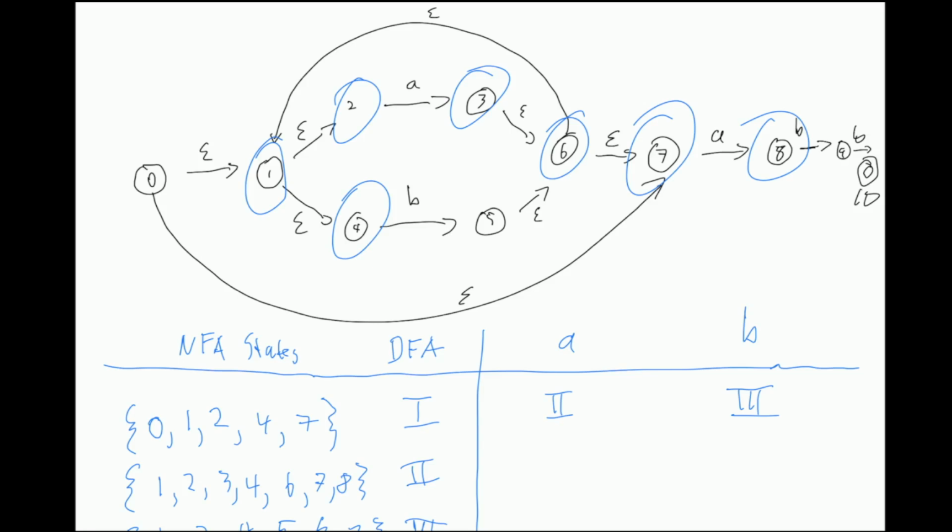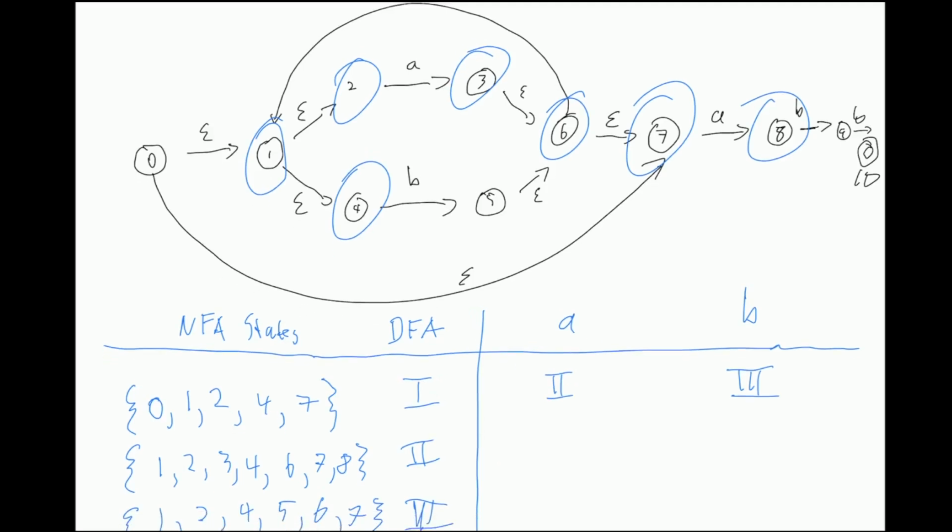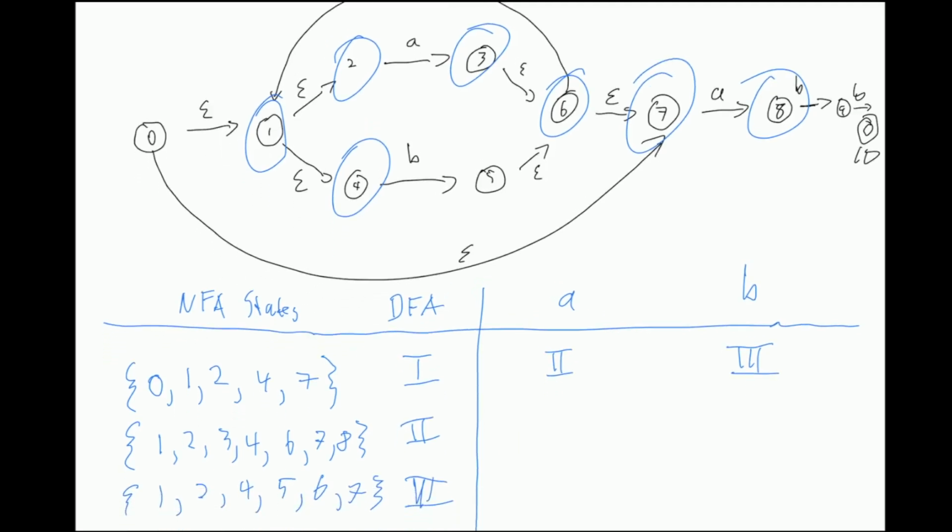So if we're in that set of states, and we see A, what states do we transition to? If we see A, then we're going to go to 3, and we go to 8.